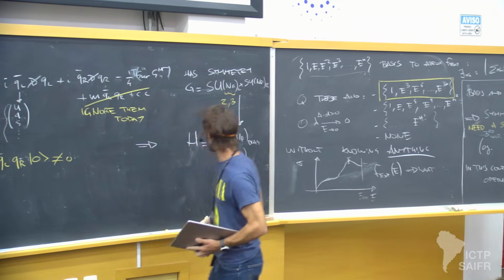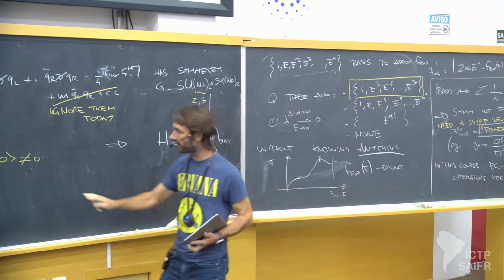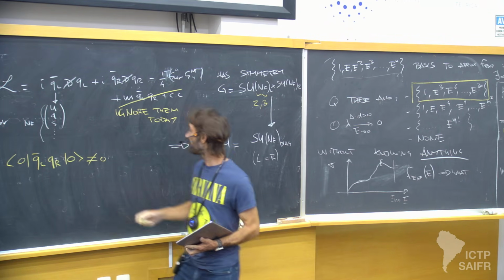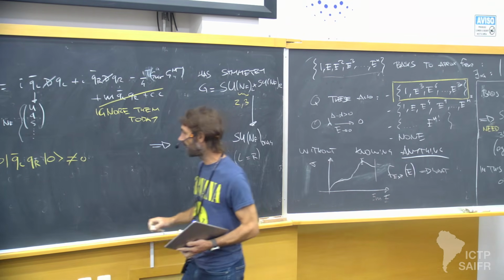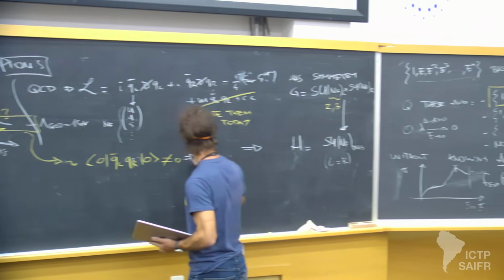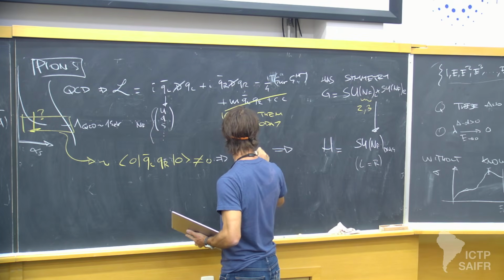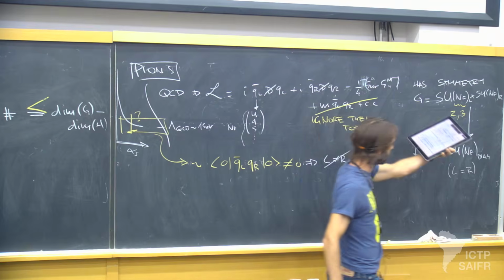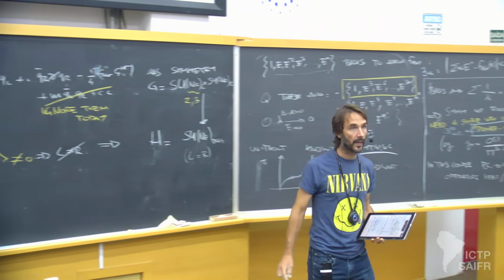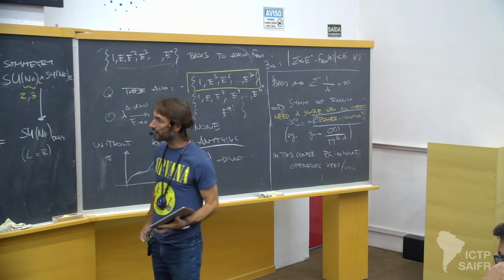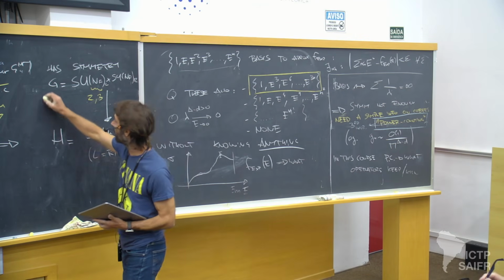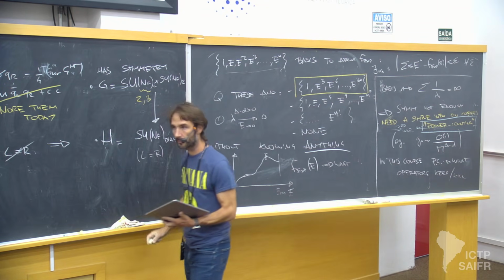If you act with a transformation left equal right, this thing is untouched. However, when L is different from right, this is broken. And when L is equal to right, it's preserved, okay? But for us, it doesn't matter so much what happens there. What matters is that we have G and we have H, okay?